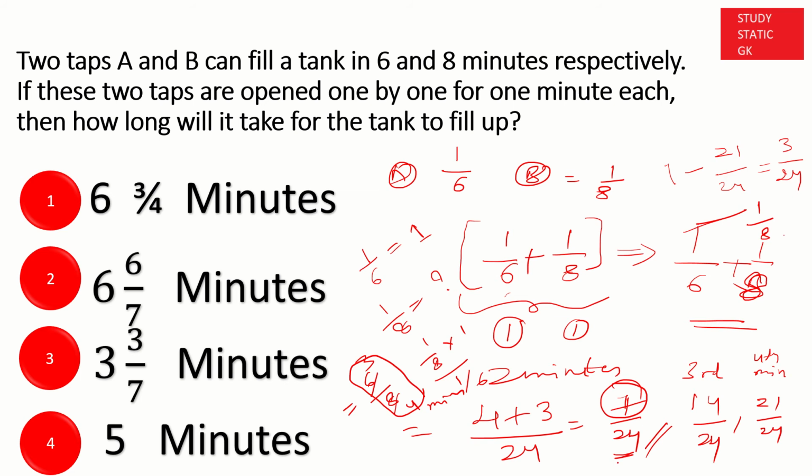So 2 minutes, 2 minutes, 2 minutes make 6 minutes, plus the filling part of A in the 7th minute. The 7th minute is still not completed; in 3 by 4th of the minute itself the tank is filled. That means 6 plus 3 by 4 minutes, the tank is filled.